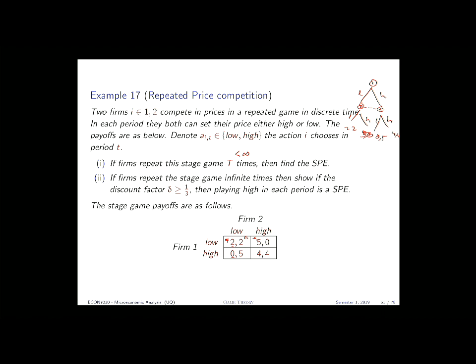If player 1 plays high, the best response of player 2 is to play low. As you can see, the only Nash equilibrium of this game is low-low. And if these two service stations are supposed to live for just one period, we predict this would be the outcome. But now suppose they live more than that.